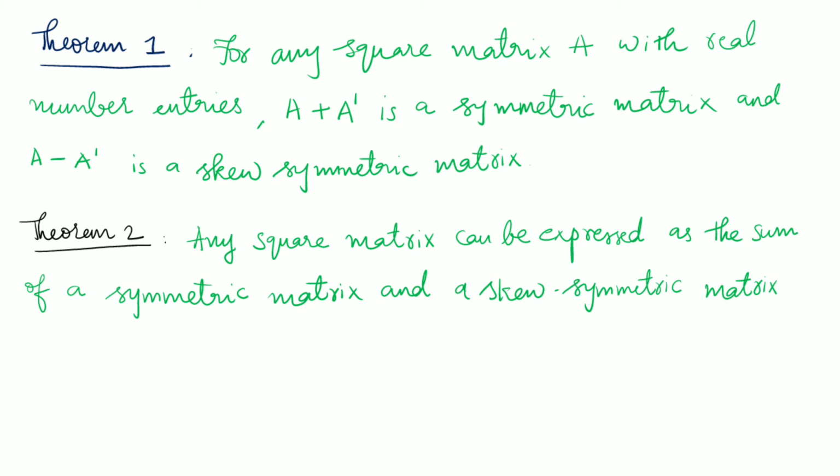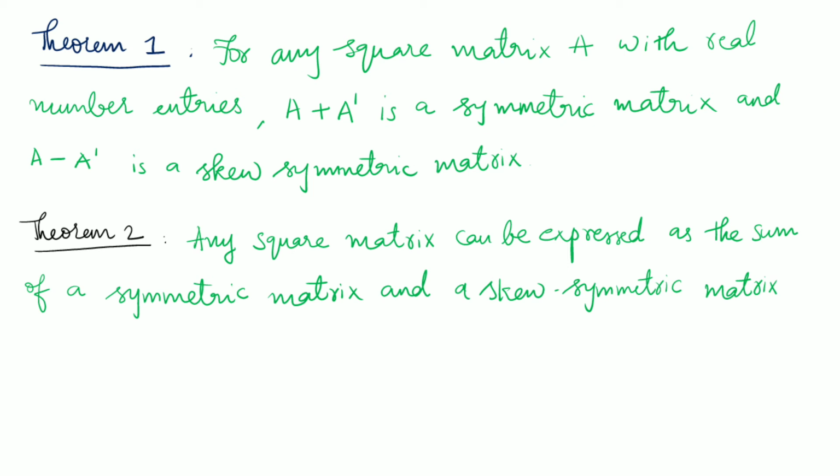In theorem 2 it says that any square matrix can be expressed as sum of symmetric matrix and skew symmetric matrix. Based on this theorem 2, almost all the question papers from previous years have questions, and it is very important.